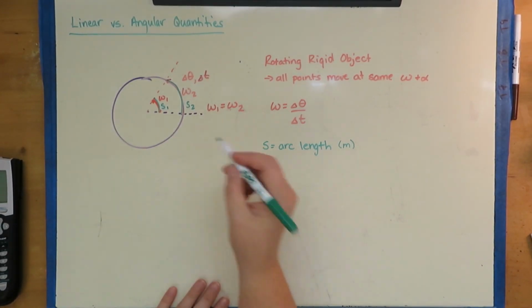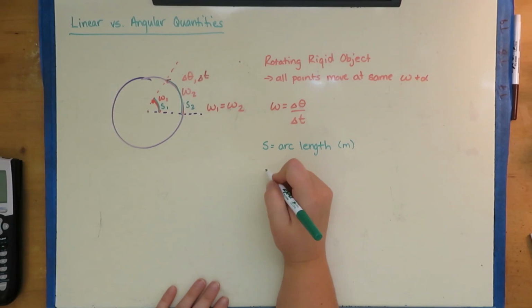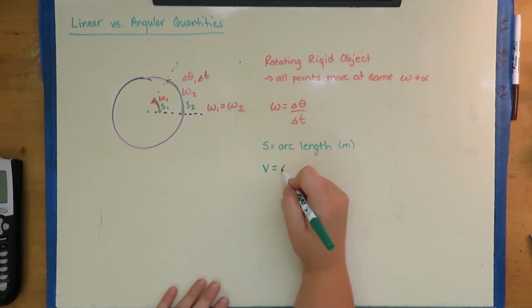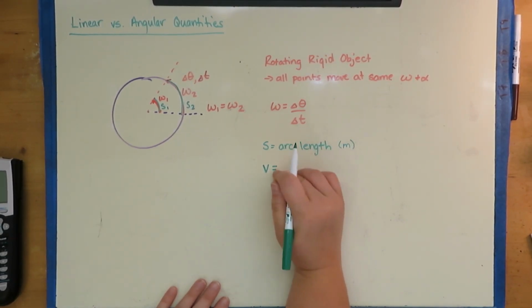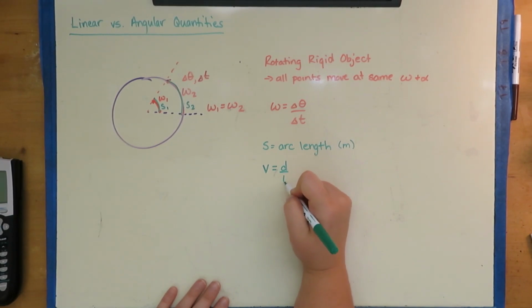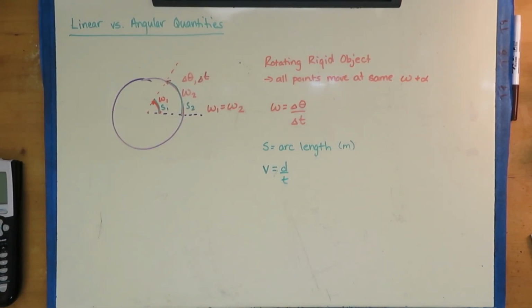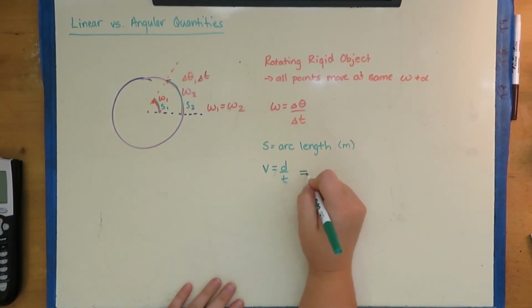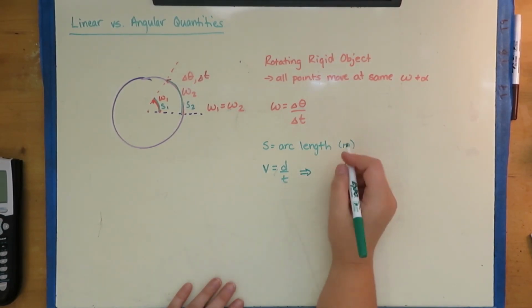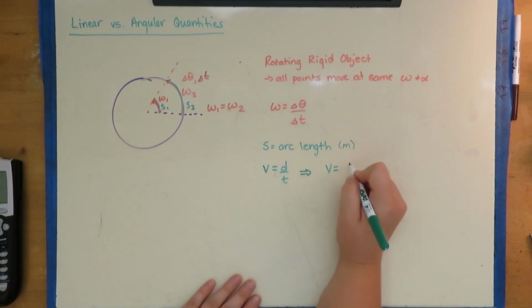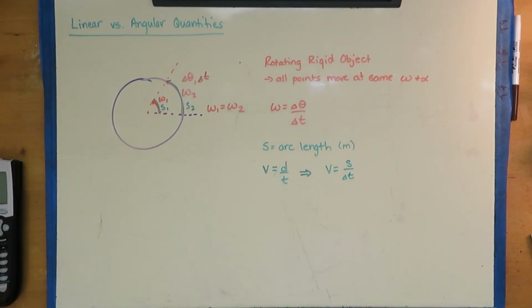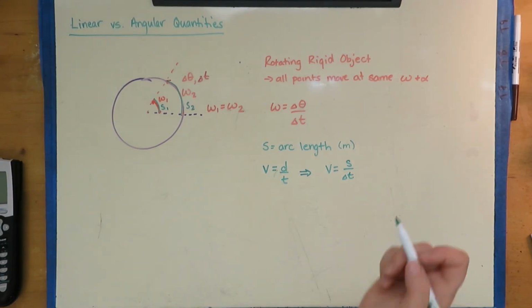And so when we look at what our linear velocity is, our linear velocity during that time would actually be distance over time. Probably just easier to do distance over time. So our distance over time, in our variables here, would be our arc length over the change in time.